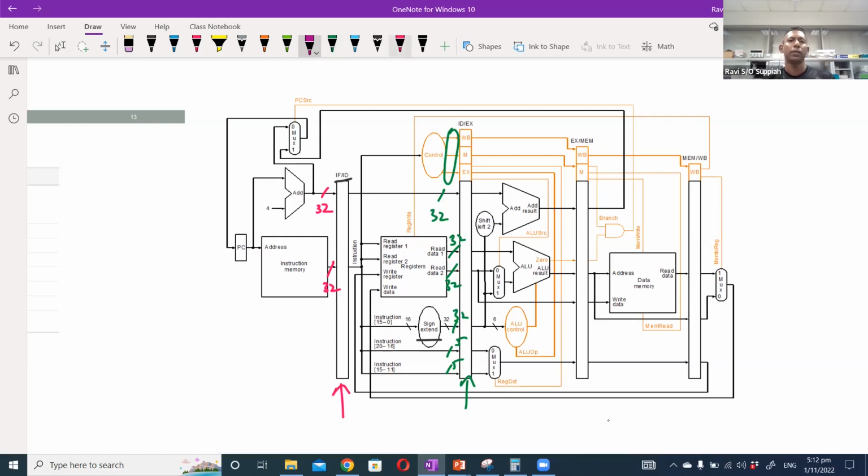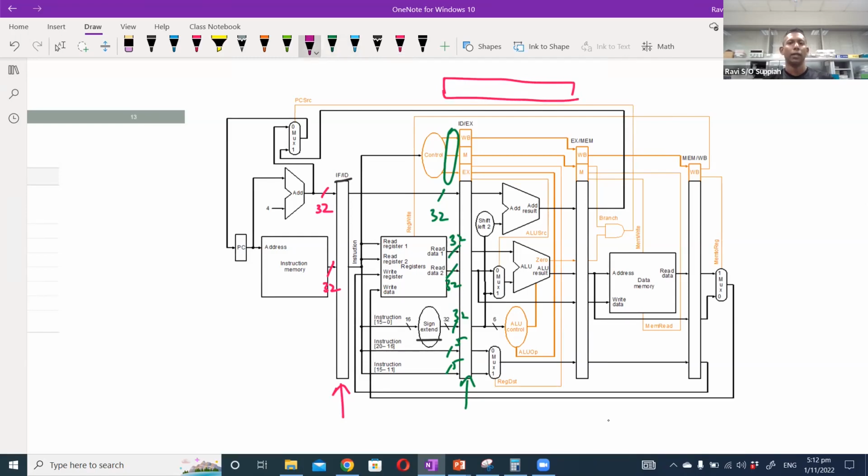For example, if I look at control signals, I may not have 32 control signals. I may only have maybe 3 or 4 or 5 control signals that go from stage A to stage B and so on. Which means I can set aside a certain number of registers just for that, or I can bank together all these individual bits and create one 32-bit register, and then extract out the individual bits from there.